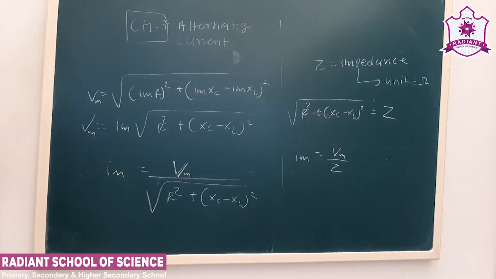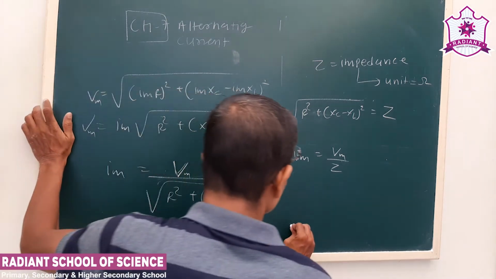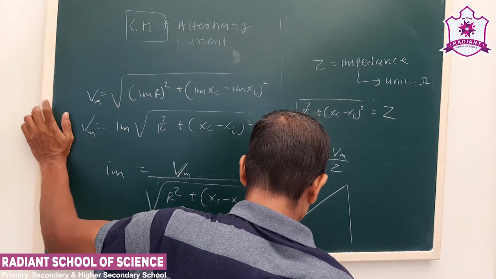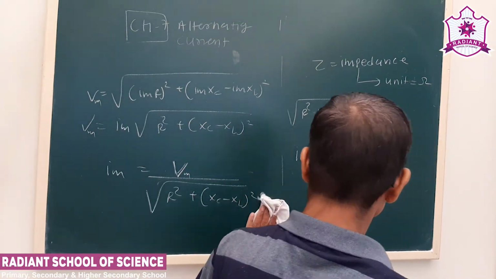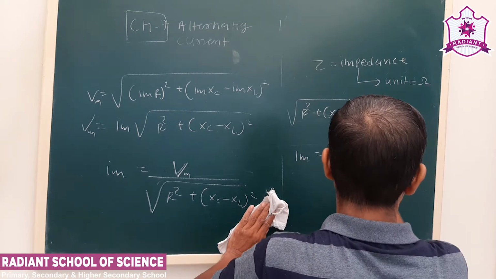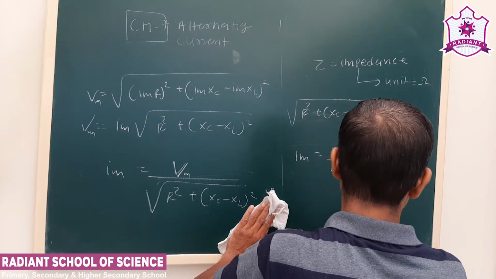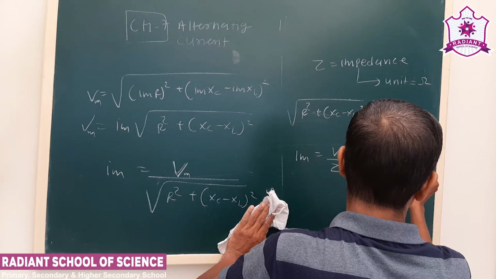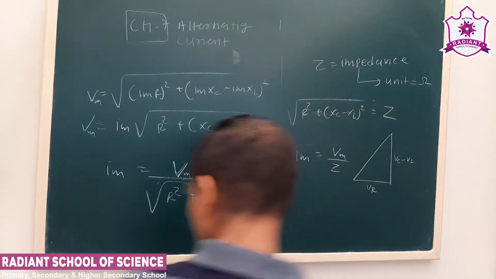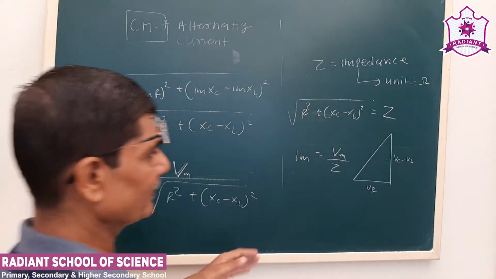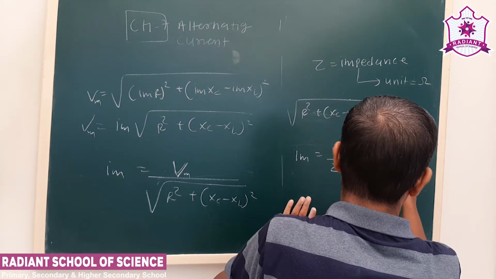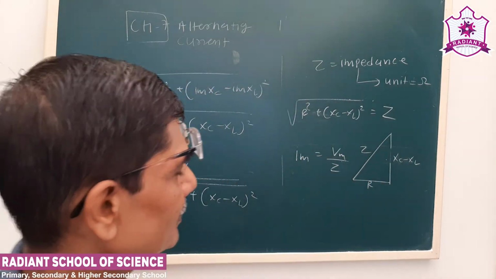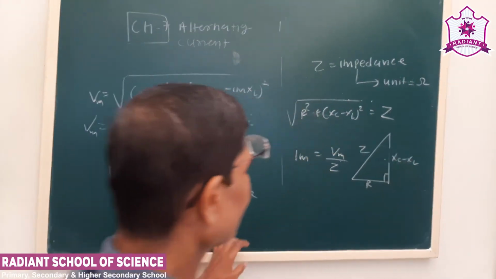Now see the phase difference, or the diagram showing the phasor, all three vectors. VR, VC minus VL, we can say. Or if I want to represent only Z. Okay, now this is again a right angle triangle.